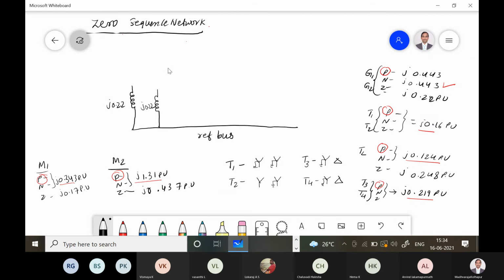So write transformer 1 reactance. Similarly, transformer 2 reactance. This is T1, this is T2. After this, the transmission line is there in the box.